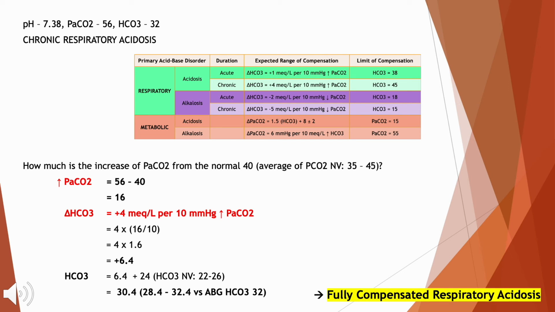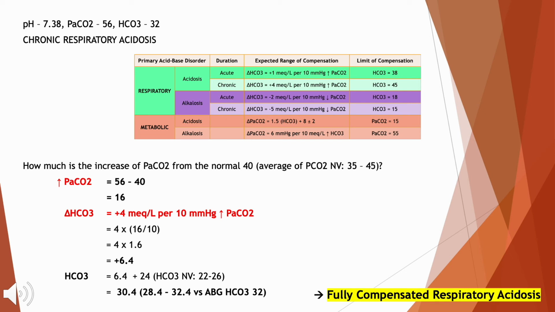Now comparing the bicarbonate of the ABG, which is 32, we can see that it falls within the expected or calculated range. So we can say that the compensation of the kidneys is appropriate and adequate. Appropriate meaning there is a response that increases the bicarbonate.